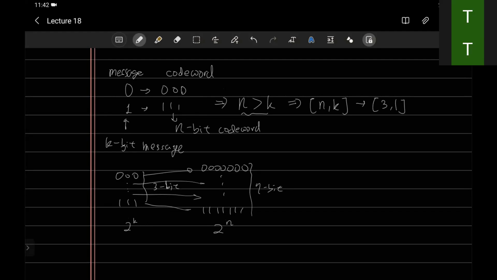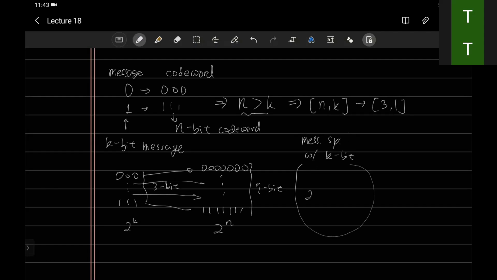And if we generalize this situation a little bit more, then what we are trying to do is we have a message space. We can consider this as some kind of vector space, and I will call this the message space with k bits.